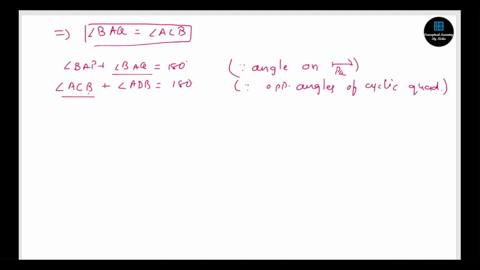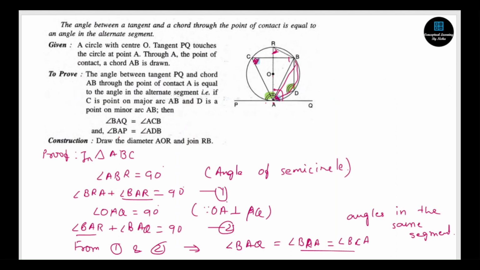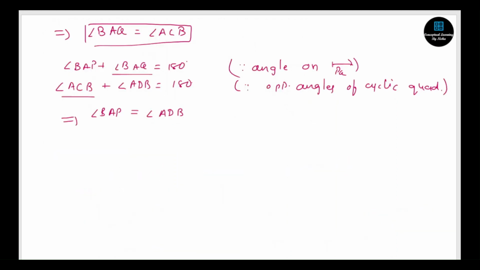These two are the same. So yes, solved, right? Angle BAP equals angle ADB. Correct? See what we have to prove: BAP equals ADB only. Correct? So we are done with this. Perfect.